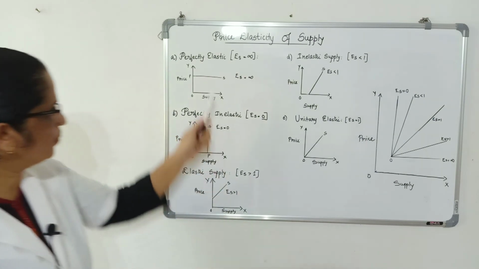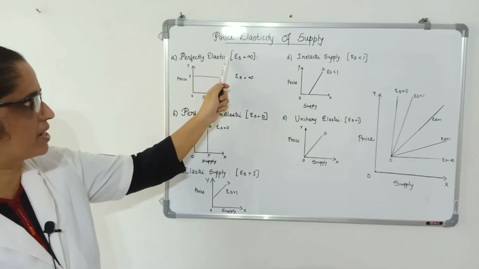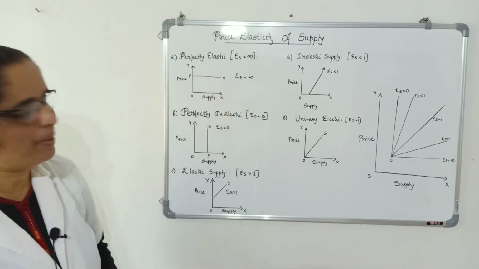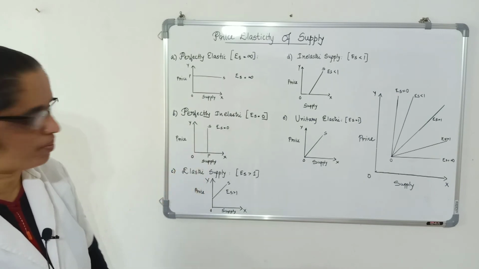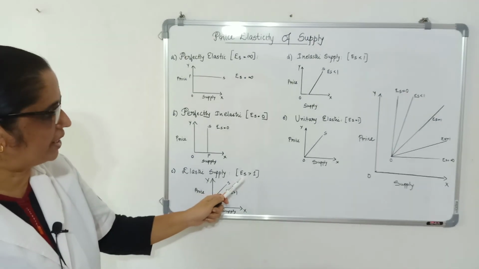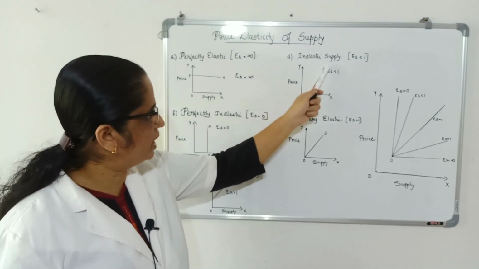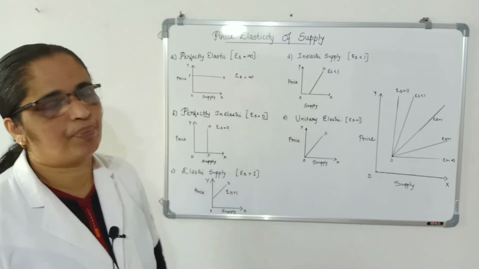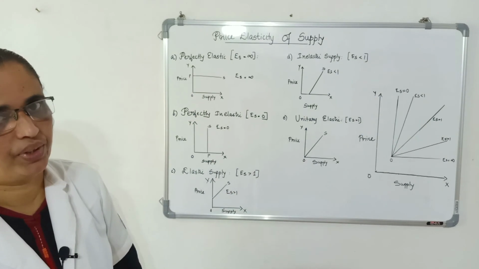Okay. So, 5 types of elasticity of supply: perfectly elastic supply, horizontal line; perfectly inelastic supply, vertical straight line; supply curve extending towards the y-axis, that is elasticity of supply greater than 1; supply curve extending towards the x-axis, that is less than 1; and extending towards the origin, equal to 1.